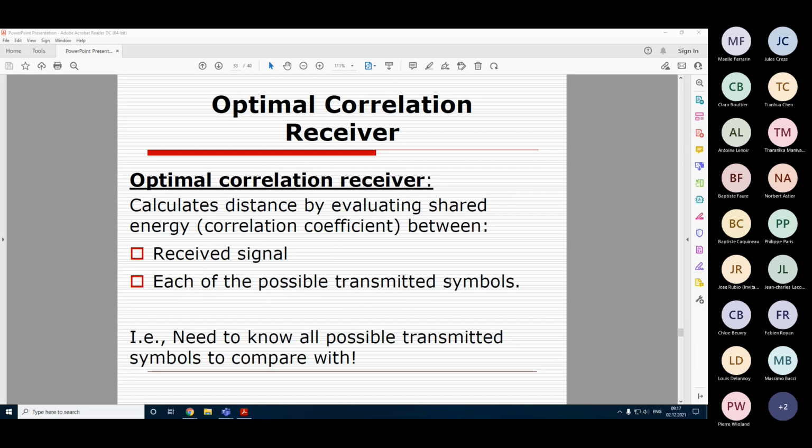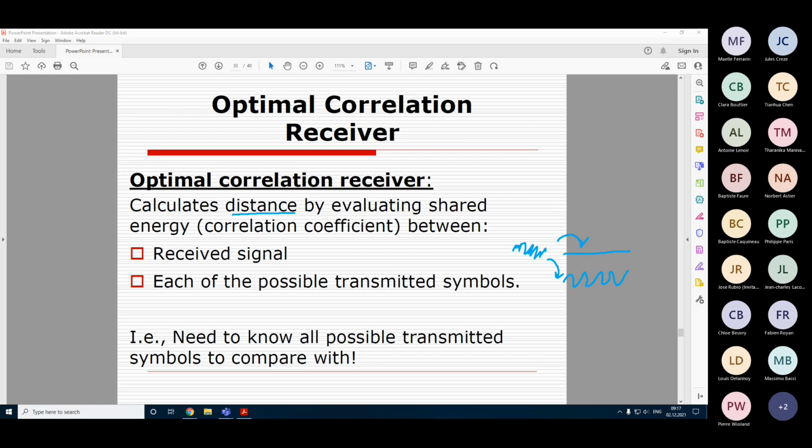So how does the optimal correlation receiver work? It calculates this distance, the difference between the received signal and one of the reference signals, that is, the possible transmitted signals. For amplitude shift keying, for example, one reference signal is 0 and another signal is a sine wave. What we have received is compared with these, and the higher score wins, and this means that signal was sent.